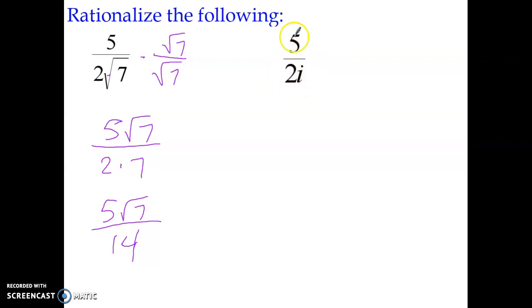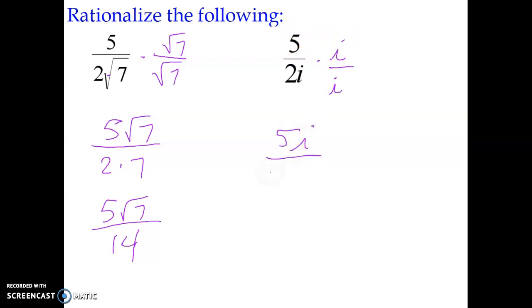Okay, so let's compare that with this one. The only thing I've done is I have replaced the square root of 7 with an i, but you're going to see how very similar this process is. So if I want to get rid of that i, remember I need an i squared. So I'm going to multiply by i because i times i is i squared. So in the numerator, 5 times i, 5i.